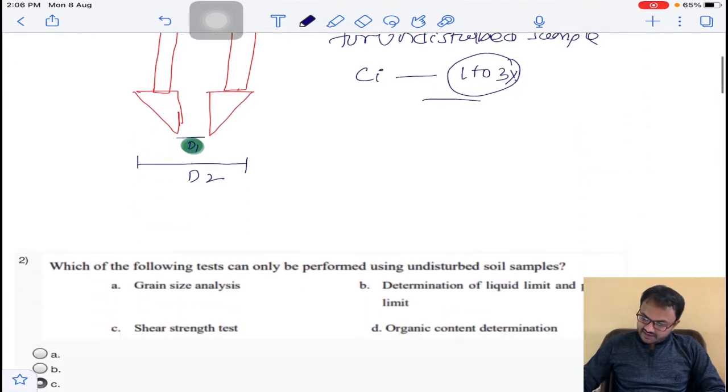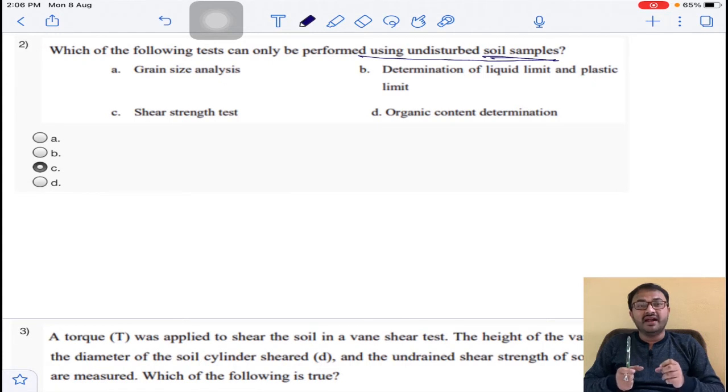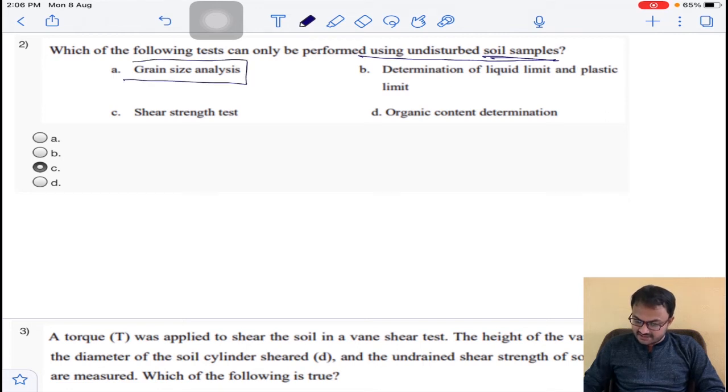Okay, coming to question number 2. Which of the following tests can only be performed using undisturbed soil sample? Okay, so we want complete undisturbed soil sample for which of the following tests? Generally, grain size analysis, which is nothing but sieve analysis, we require complete disturbed sample for this.